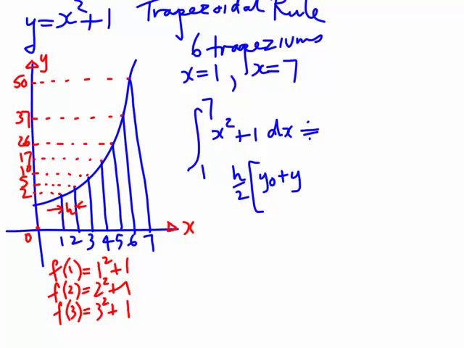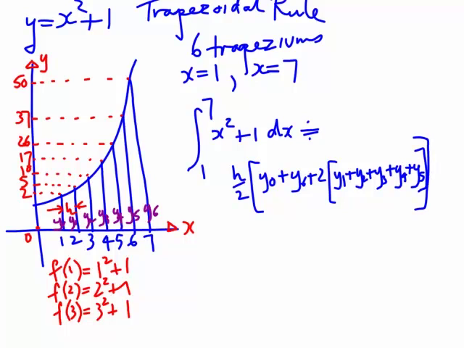Let's write y0, y1, y2, y3, y4, y5, and y6; these are zero-based, starting at y0. The first and last are y0 and y6, plus twice the sum of the others, which would be y1 plus y2 plus y3 plus y4 plus y5.